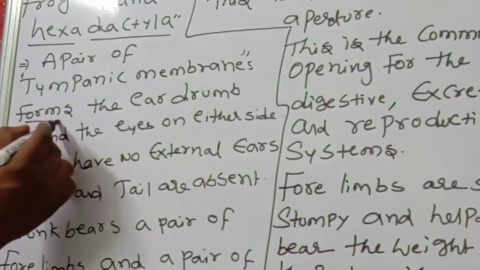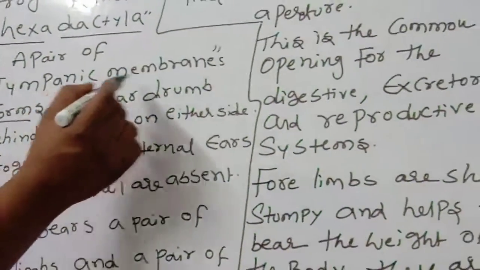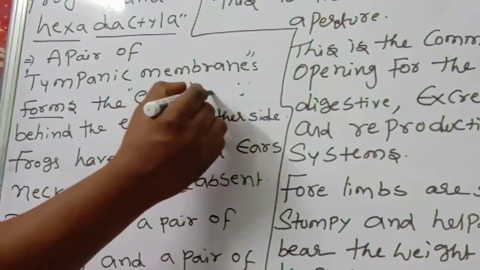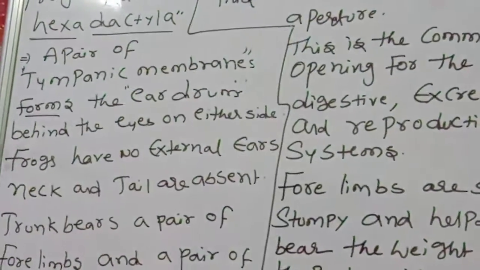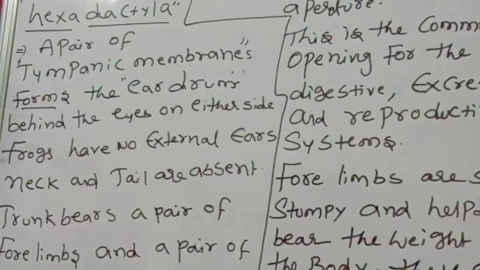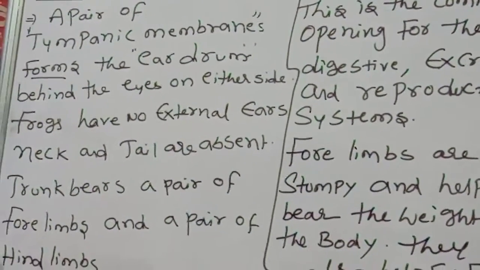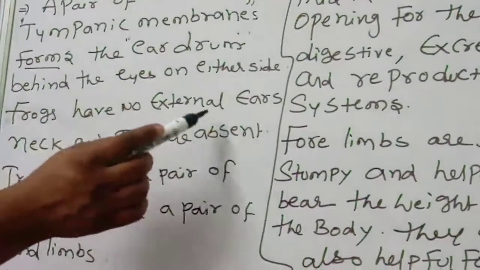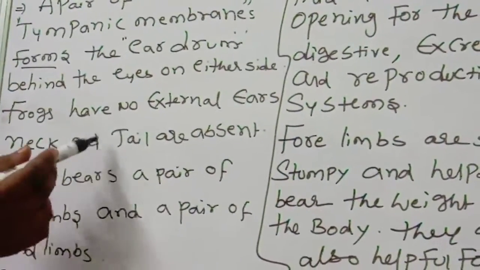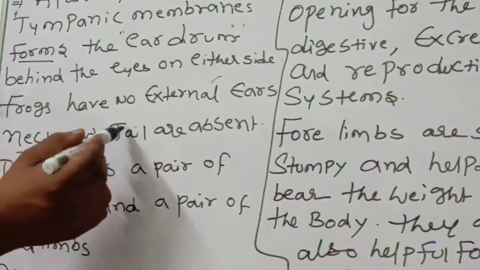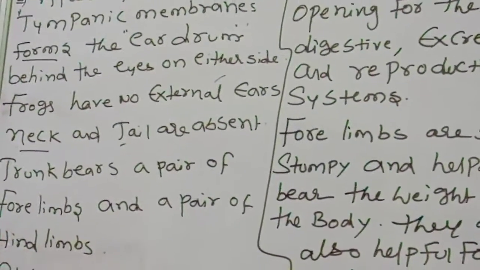Tympanic membranes form the eardrum, behind the eyes on either side. Frogs have no external ears. Neck and tail are absent.